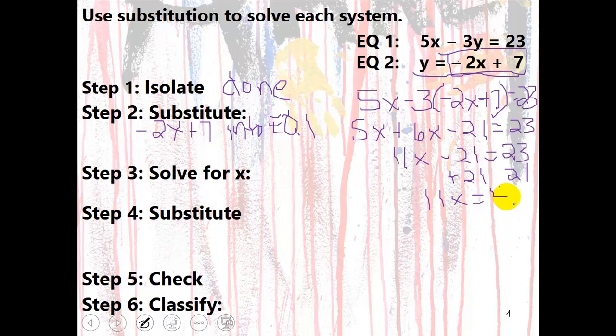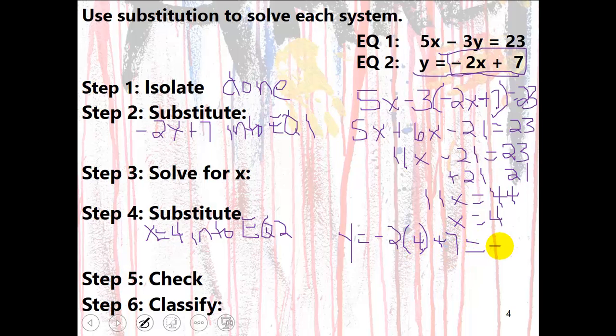And I'm going to divide. x is equal to 4. So now I have a value for x. So now what I'm going to do is substitute x equals 4 into, in this case, equation 2. So y is equal to negative 2 times 4 plus 7. And that's going to equal negative 1. So my ordered pair is 4, negative 1.